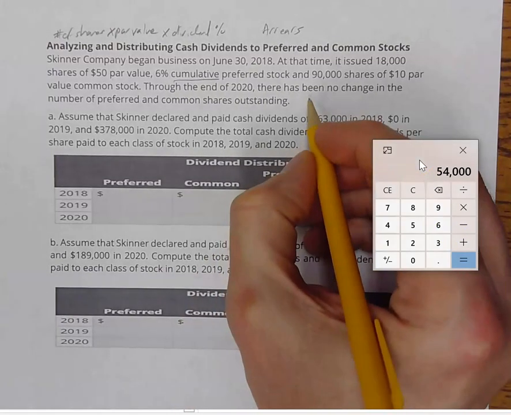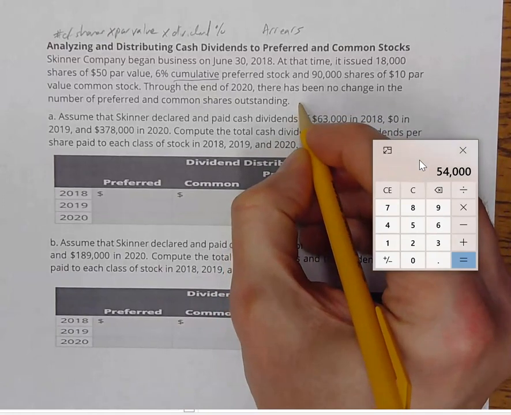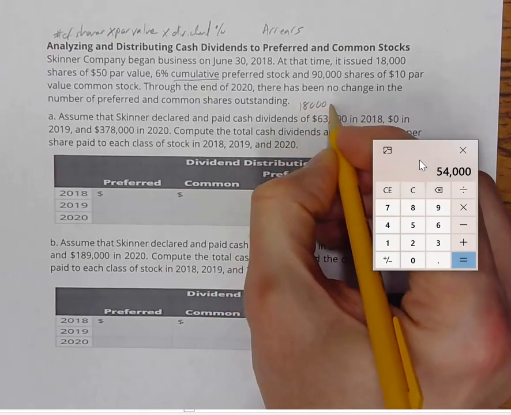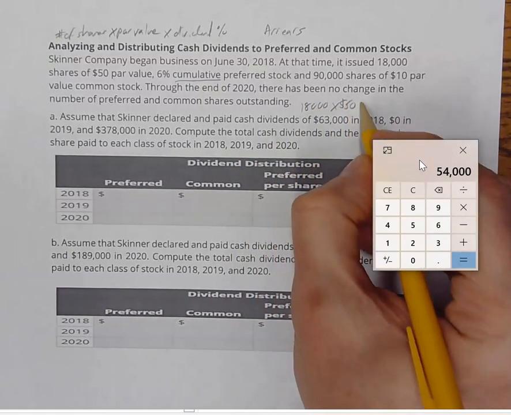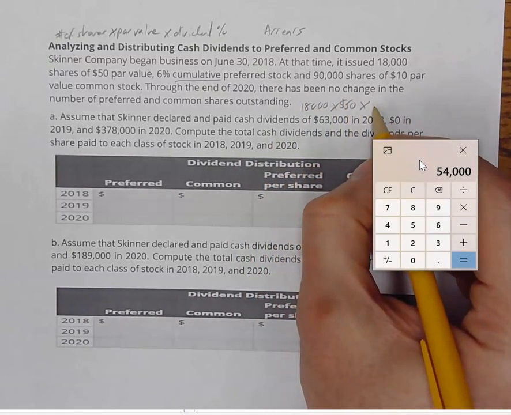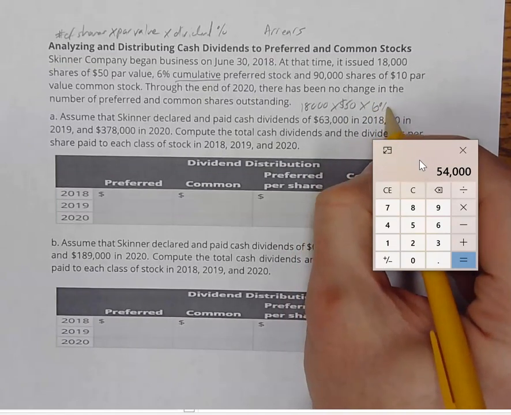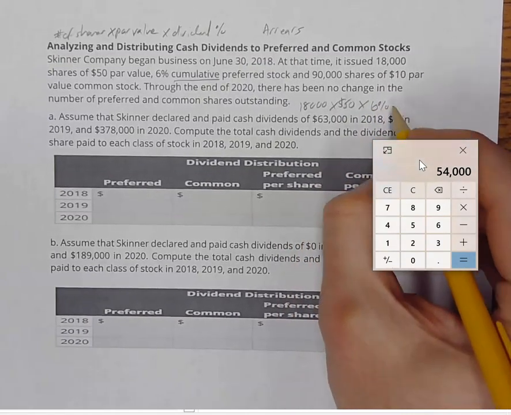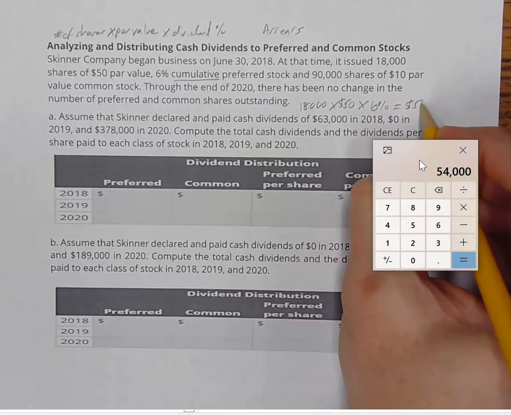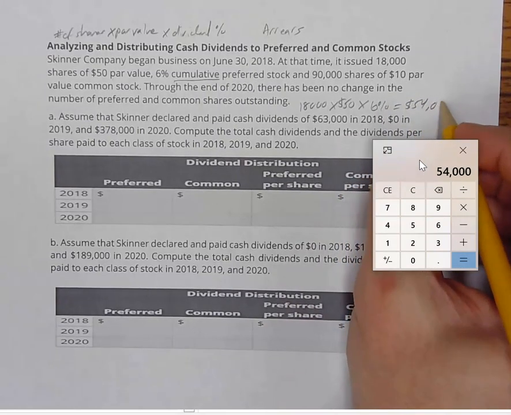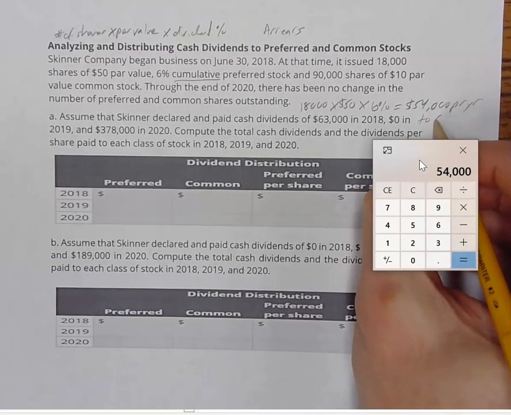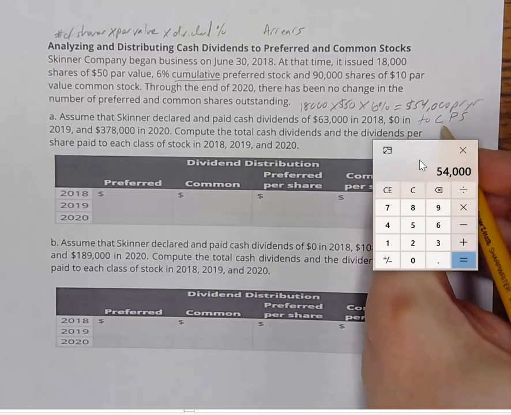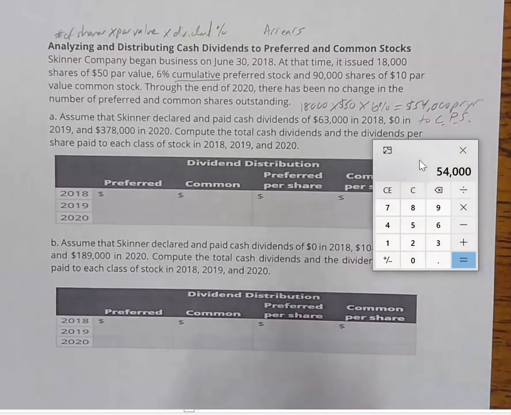Matter of fact, let's just write that up here. 18,000 shares times $50 par value times, what was it again, 6%? Yeah. Equals $54,000 per year to the cumulative preferred stockholders. All right.